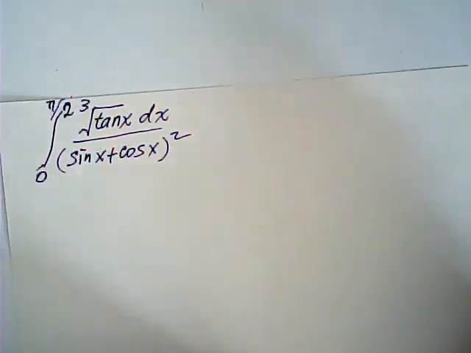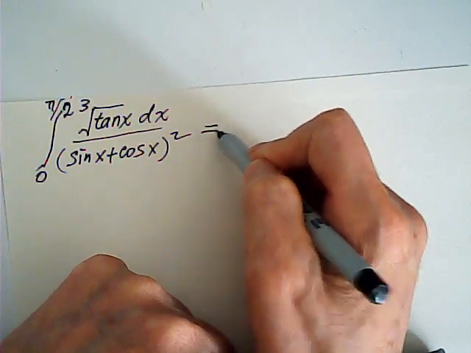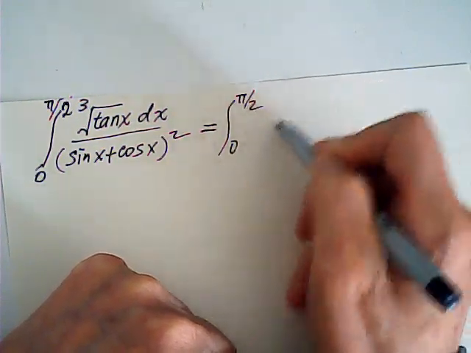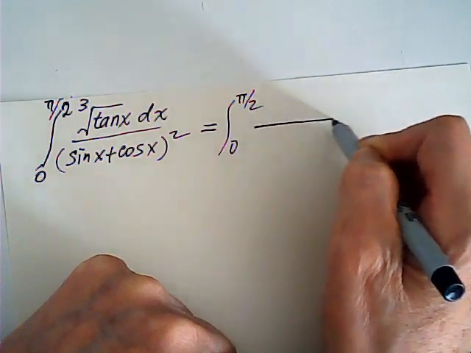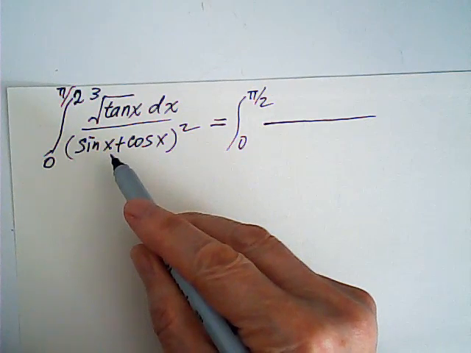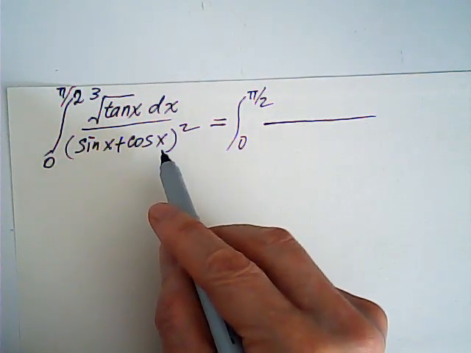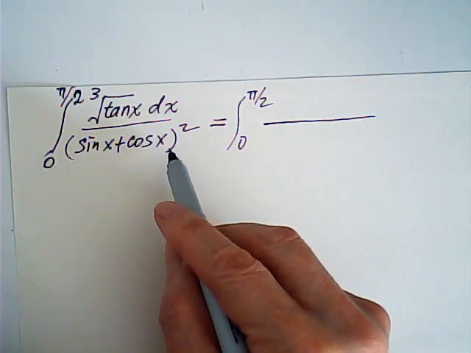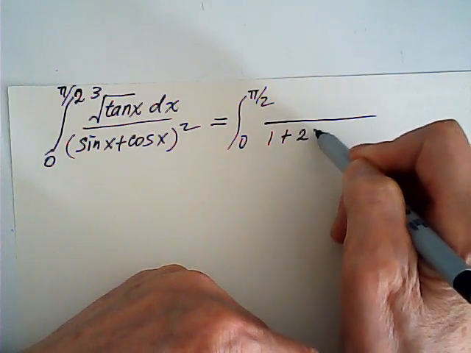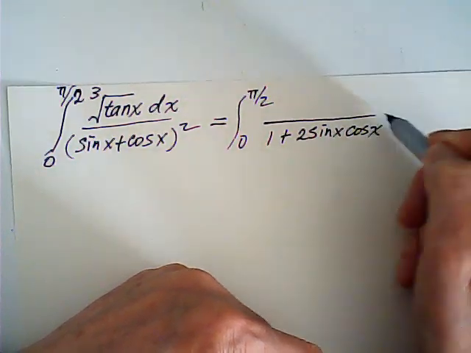Now, the first step: this integral is equal to the integral from 0 to half pi. And the denominator is sine square plus cosine square plus 2 sine cosine. Therefore, this is equal to 1 plus 2 sine x cosine x, isn't it?